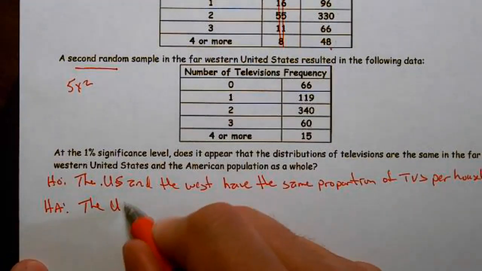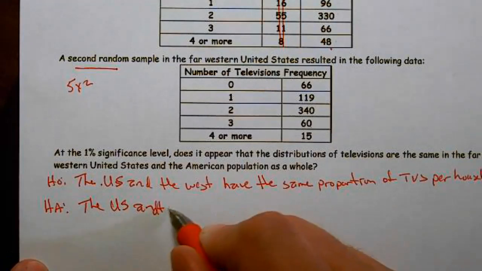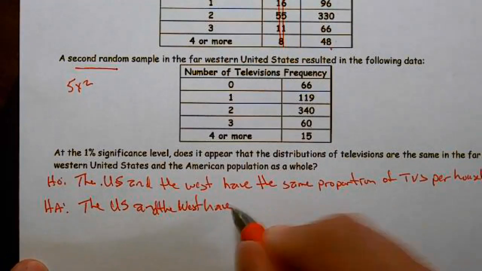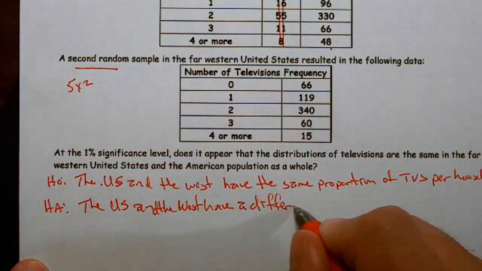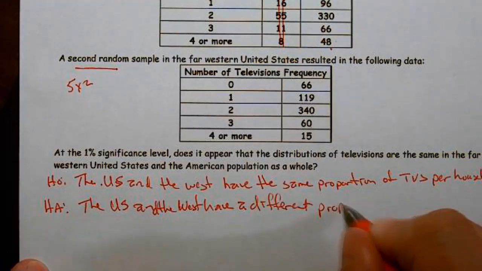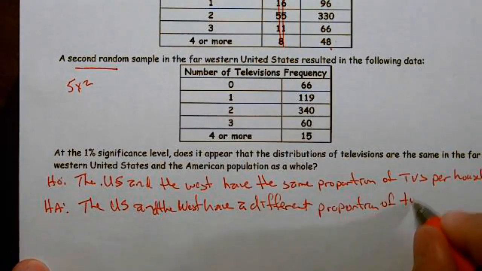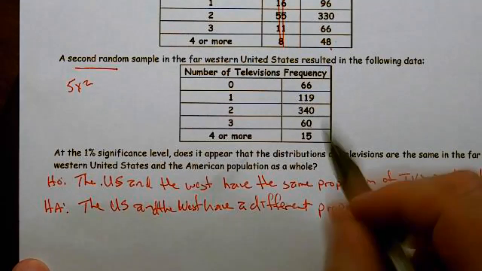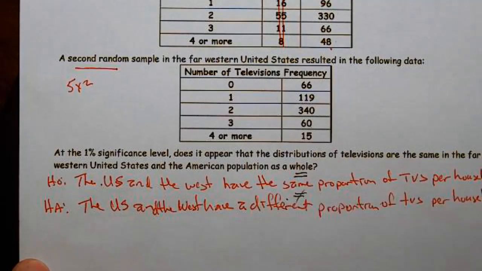HA: the US and the West have a different proportion of TVs per household. And that may not be the best phrasing, I kind of struggled with it there. But this is equal, different is not equal, so we're consistent there.